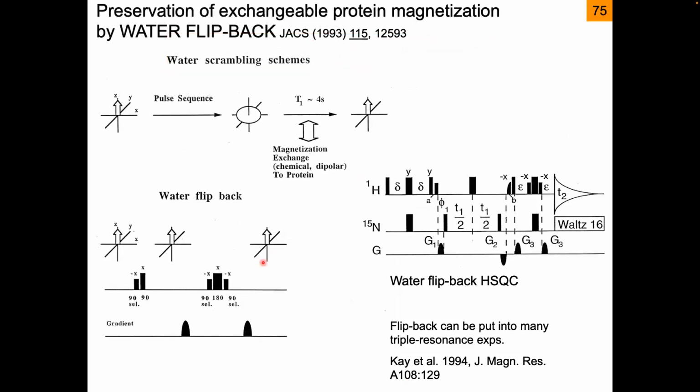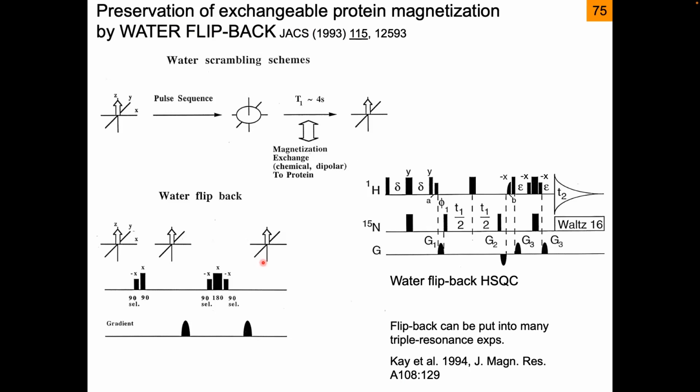And then one other thing, we talked about this yesterday already, that the water has a T1 of about 4 seconds when we work with water. And now in your pulse sequences, when you try to get rid of water, you may use gradients where you dephase the water. And if you have dephased the water, if you want to come back to equilibrium, it needs to come back via the T1.